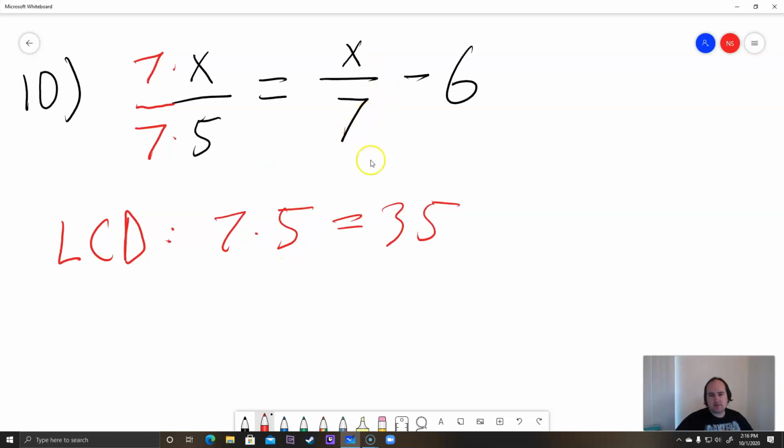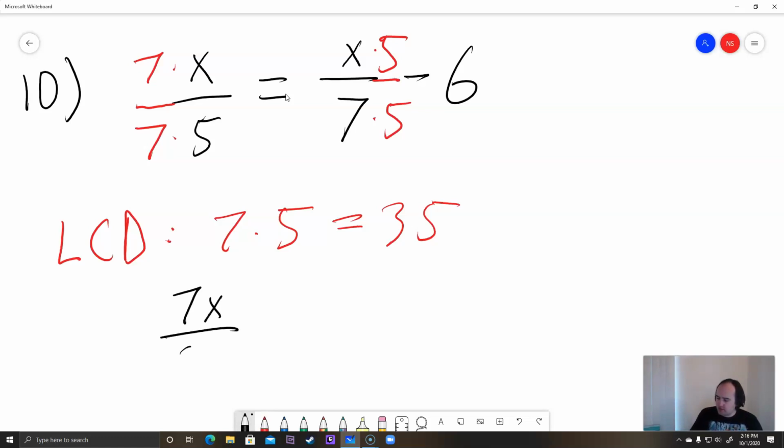Here, 7 times 5 is 35, so we're missing a 5. So on the right side, we're going to multiply the top and the bottom by 5. After we do all that, we're going to end up with 7x over 35 on the left side, and on the right side, we have 5x over 35 minus 6.